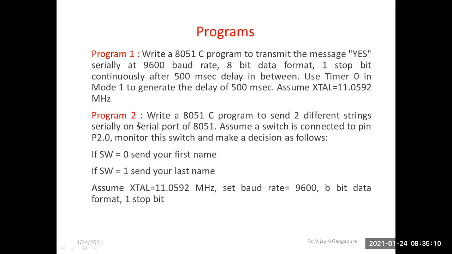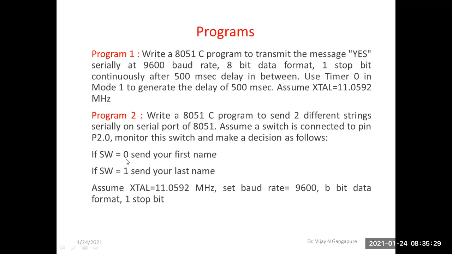Second program: write an 8051 C program to send two different strings serially on the serial port of 8051. Assume a switch is connected to pin number 0 of port 2. Monitor this switch and make a decision as follows.